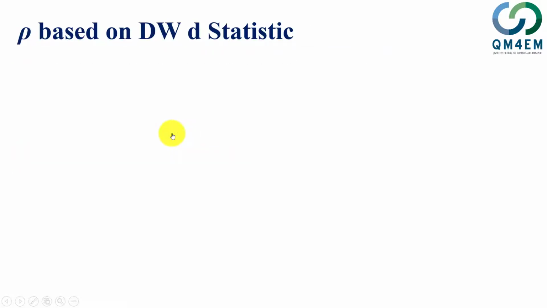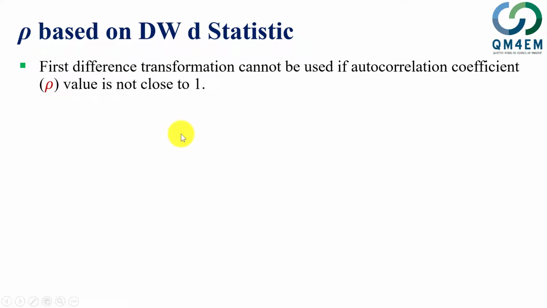For the first difference transformation, as we saw, we assume rho is equal to 1, and only then can we use that method. However, we may have a situation in which rho is not equal to or close to 1, so then the first difference transformation may not work well.